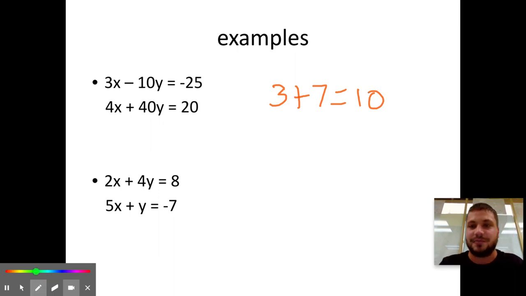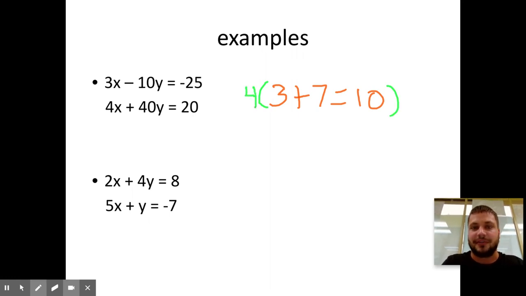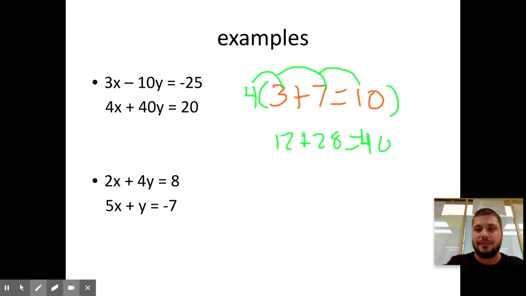The values are just bigger. So if I want to take this true equation and multiply it by whatever my favorite number is, today my favorite number is 4, then what I create is still going to be true. 4 times 3 is 12, plus 4 times 7 is 28, is 4 times 10 is 40. That's still true.